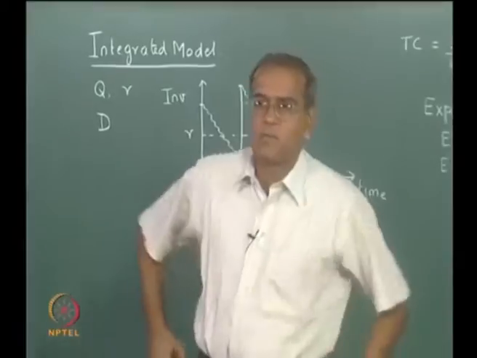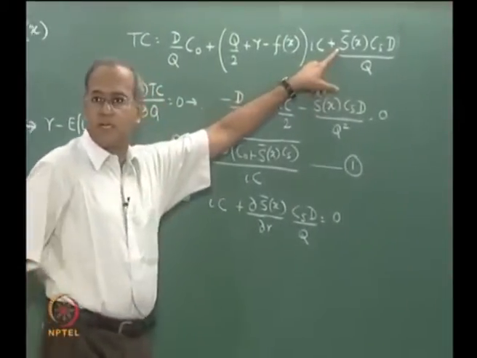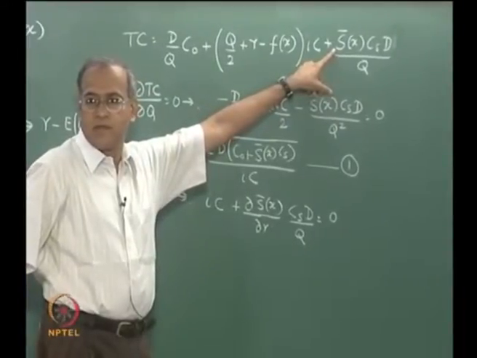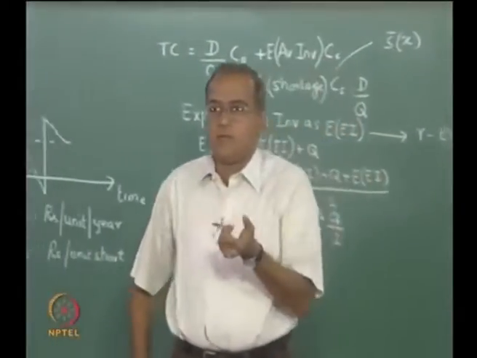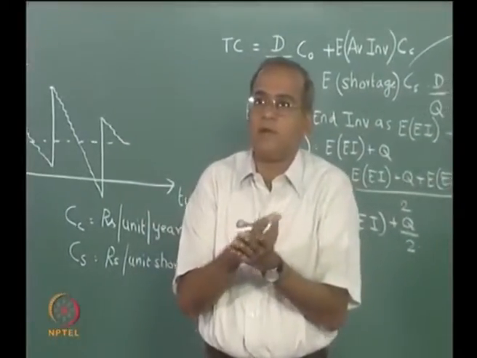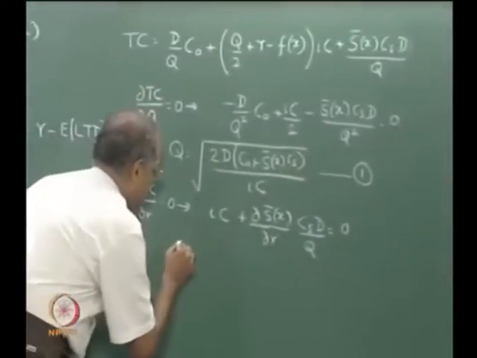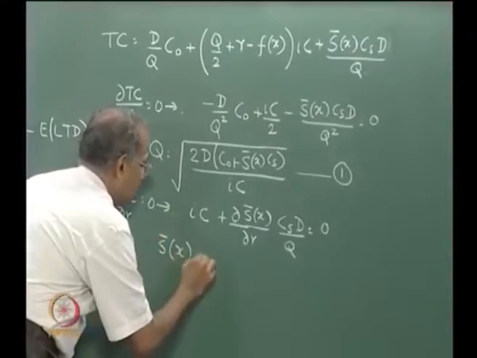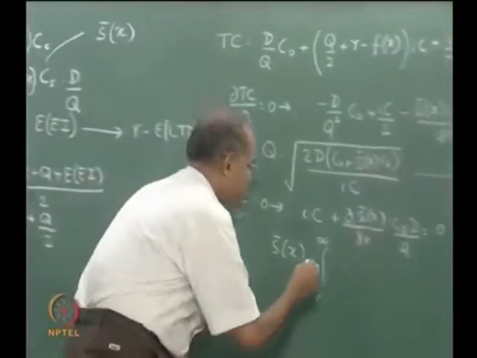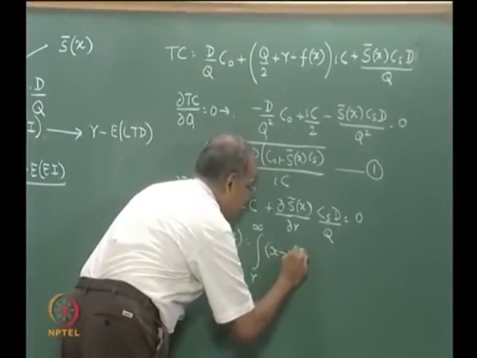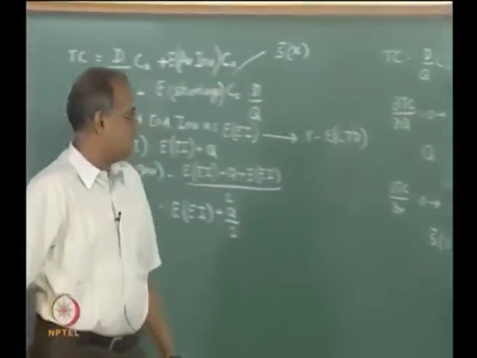This is what we get, because S bar of x represents the expected shortage. So this will depend on the reorder level, because shortage happens when lead time demand exceeds the reorder level. So S bar of x can be defined as the integral from r to infinity of x minus r, f x dx.